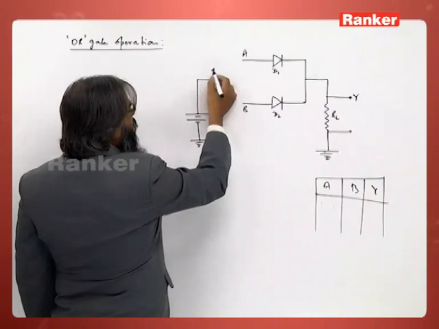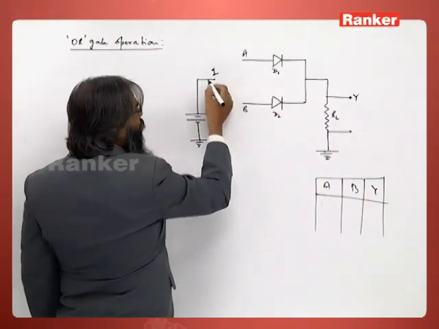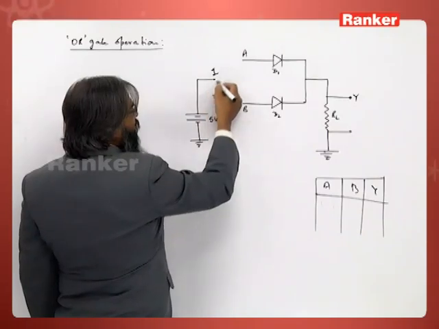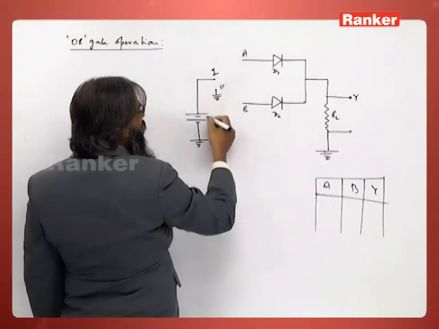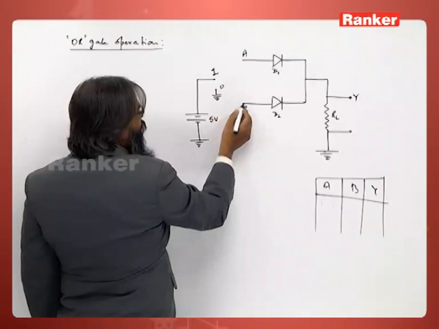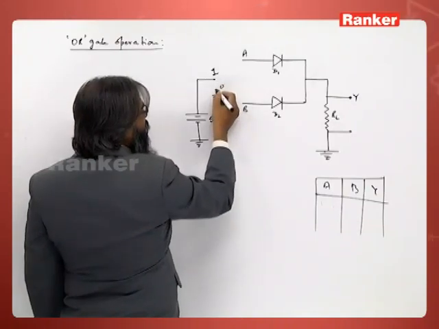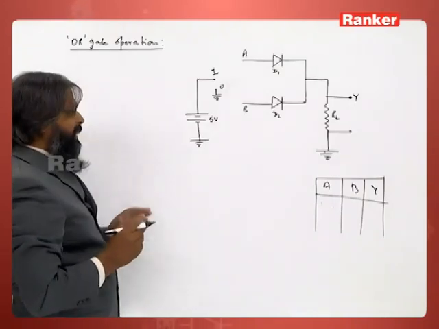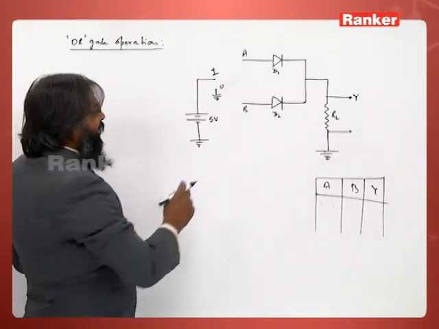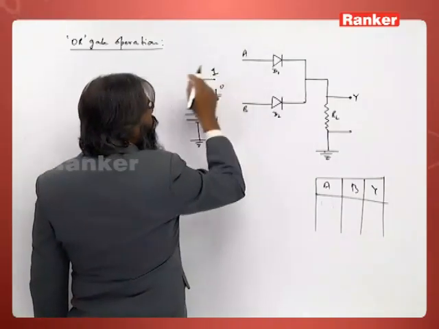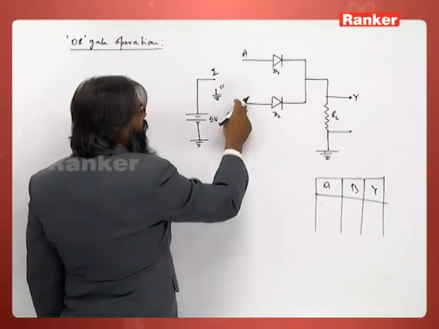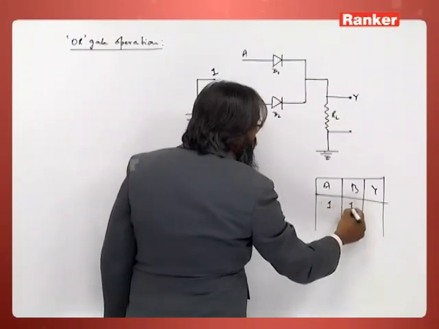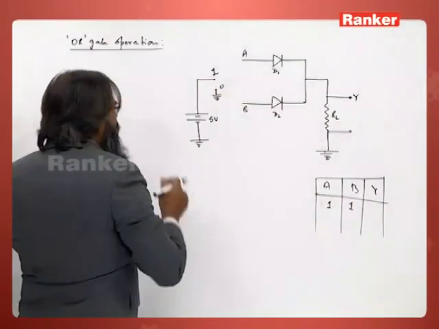This point denotes 1, meaning on position. The moment this point is connected to A, that means A acquires that 5 volts. And if A is connected to this, that means earth, it acquires 0 volts. So let us see first, if I connect A and B both to 1, that means I have given 1 and 1. What will happen at that time?